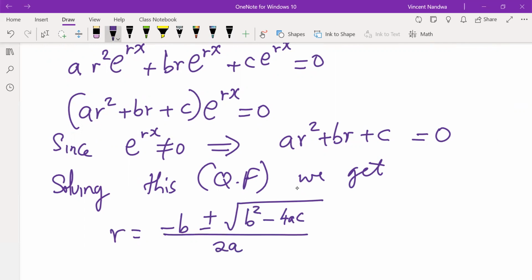And with this quadratic equation, we know that there are three possibilities. So the first possibility is having distinct roots.